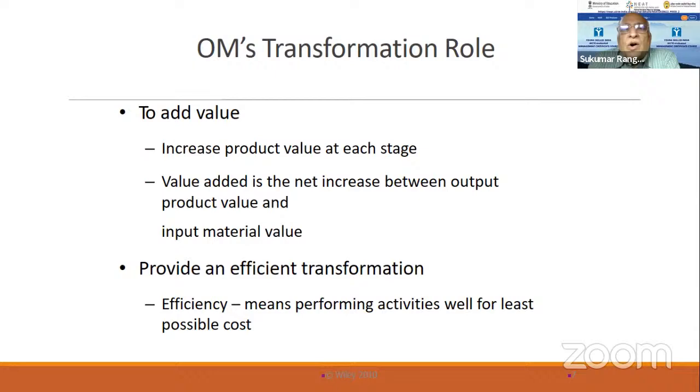What do they pay you for? For the value they receive from the product. And operations management is what creates that value. So you add value to increase the product value at each stage. Value added is the net increase between the output product value and the input material value.